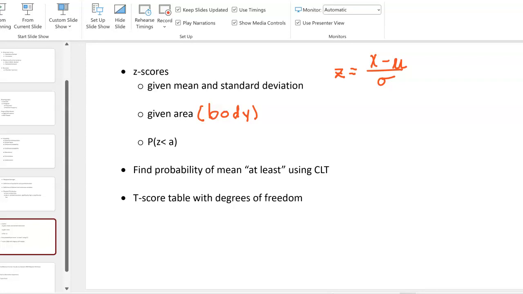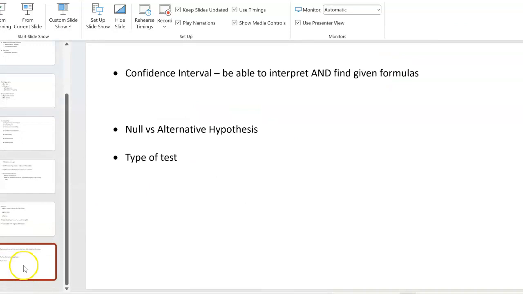Probability of finding the mean that at least, okay, basically what I'm saying here is using CLT. CLT was central limit theorem. But be able to tell the difference between at least and at most. And then also be able to use your t-score table, which of course is going to have then your degrees of freedom. Okay, and then finally, you're going to need to be able to do a confidence interval. So there again, you're going to have a variety of different formulas here. So p hat is x over n.